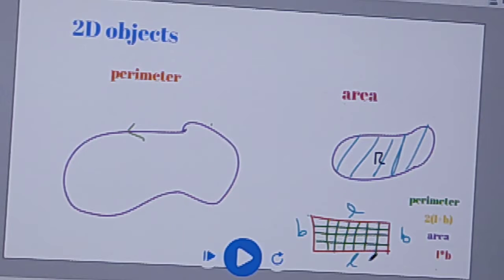So 7 squares, I mean 7 unit length, I mean 7 centimeters, represents the length. And the breadth: 1, 2, 3, 4. 4 units, I mean 4 centimeters breadth.